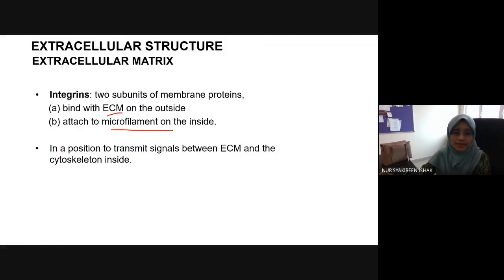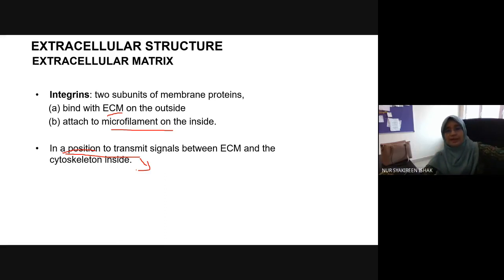It says here it is in a position to transmit signals between the ECM and the cytoskeleton inside. So the integrin also functions in the signal transduction process. We will look at signal transduction in chapter 3. It means that outside, for example, there will be molecules such as hormones.